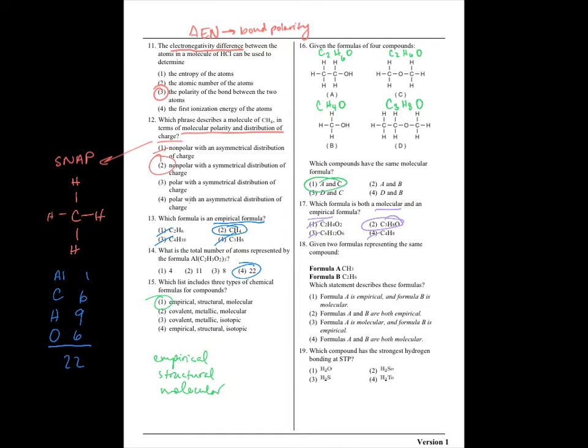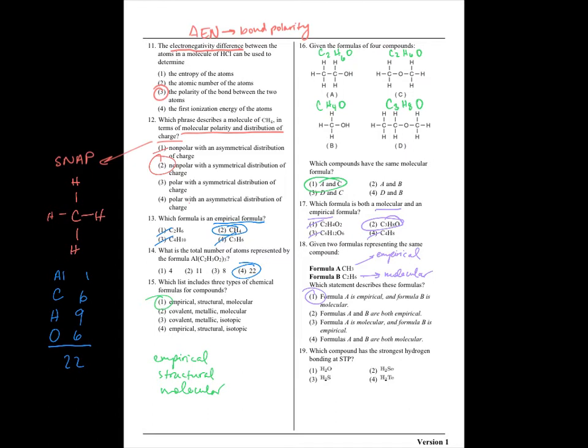Following the same line of thought, formula A is CH3. This is an empirical formula because you can't reduce it any further. And formula B, C2H6, you can reduce that. So if it's not empirical, it's molecular. So going off that, choice 1 is correct.